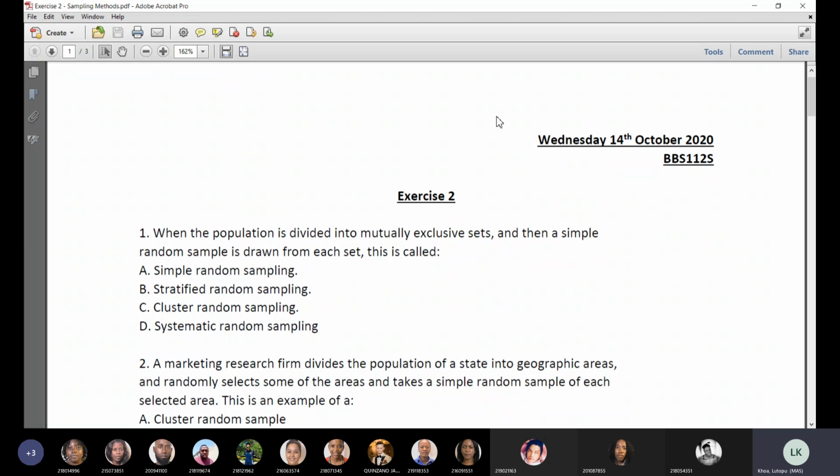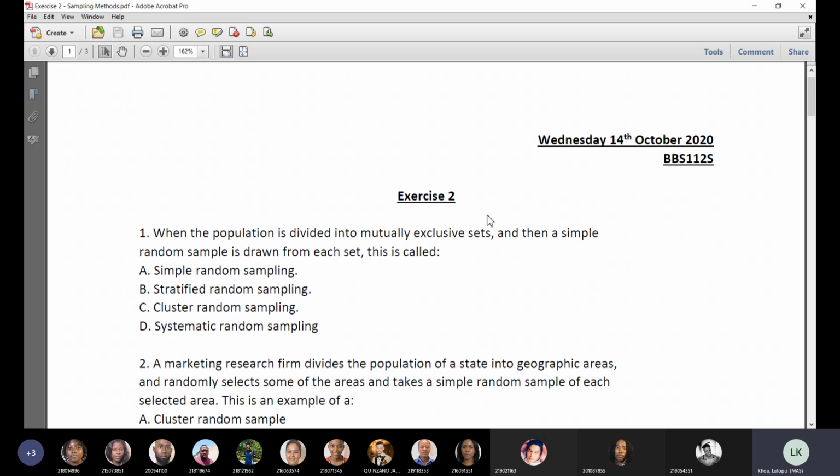Okay, so for this one here, it says the population is divided into mutually exclusive sets. Now, mutually exclusive means that there is no intersection: no element, no person is in both groups. So you could have something like male, female, first year, second year, and so on.